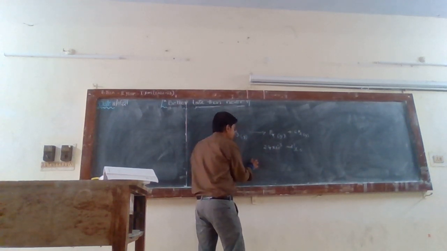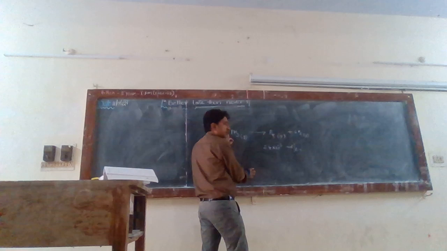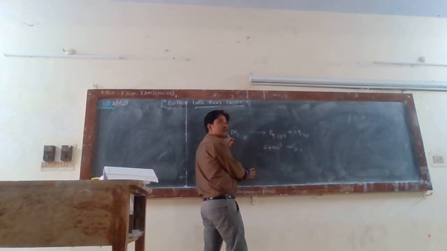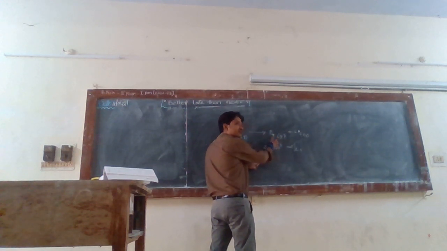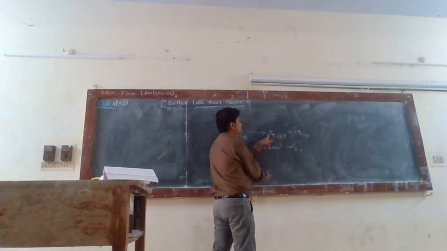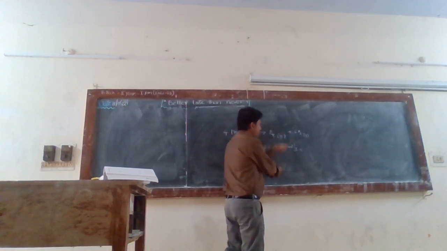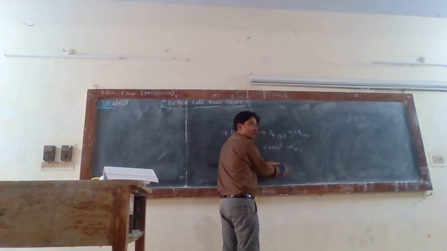That means the rate of phosphine by 4, with negative or positive? Negative, because it is a reactant, is equal to rate of phosphorus by 1, because the stoichiometric coefficient is 1. Positive or negative? Positive. That is equal to rate of hydrogen, that is RH2 by 6. Positive or negative?